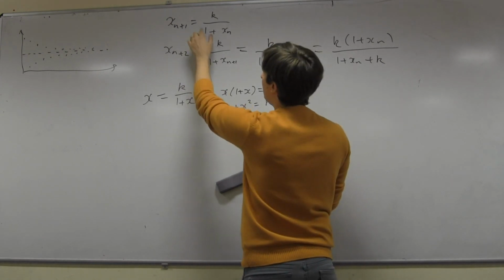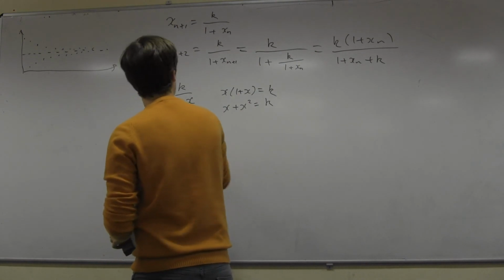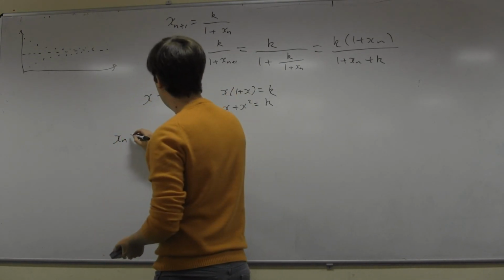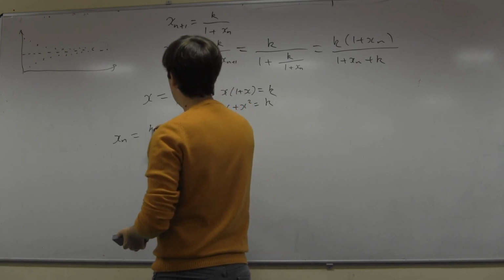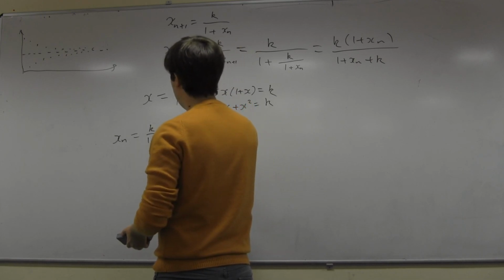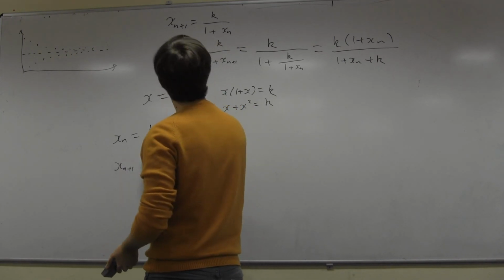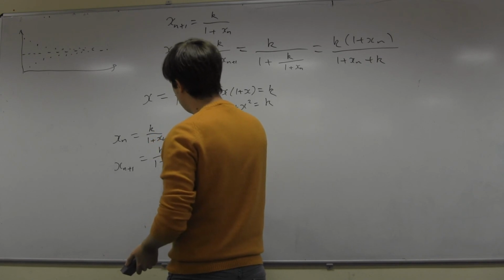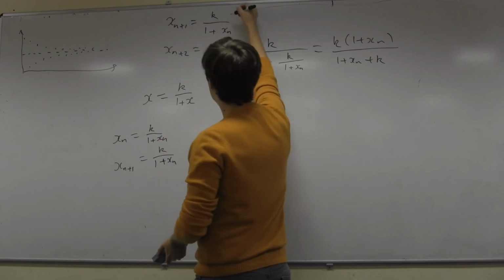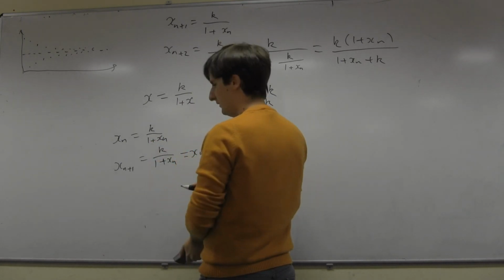Suppose xn is the root of this, so xn equals k over 1 plus xn. Then what's xn plus 1? xn plus 1 is k over 1 plus xn by the definition of xn plus 1, but this is just the definition of xn.